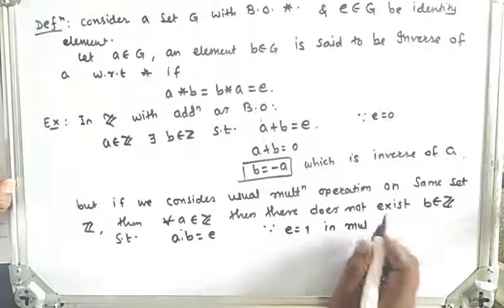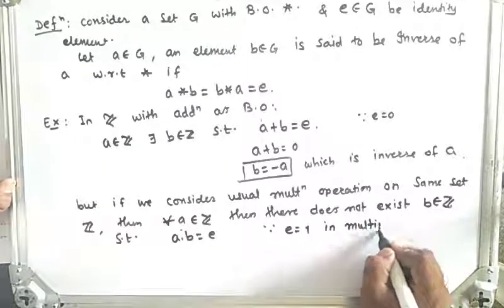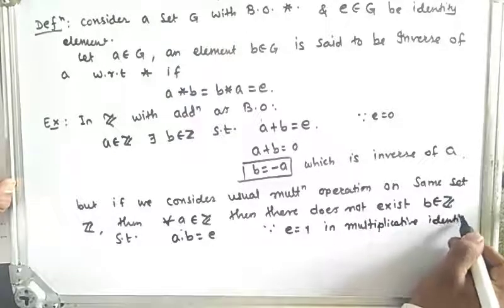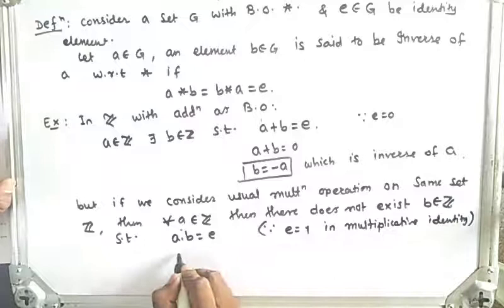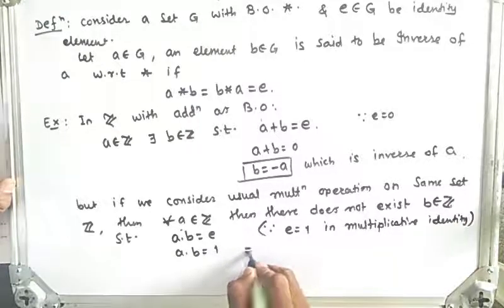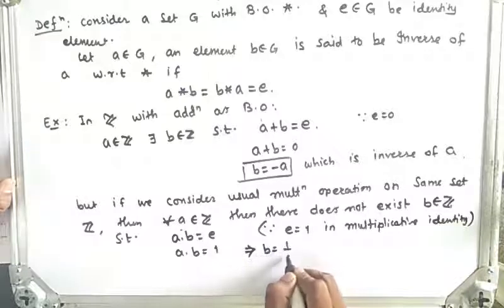So e is equal to 1 is the multiplicative identity, right? So put e is equal to 1, so a into b is equal to 1. After solving, what will we get? Then b is equal to 1 upon a.